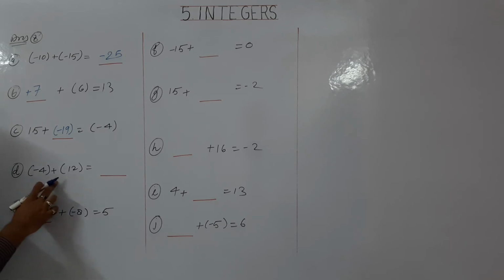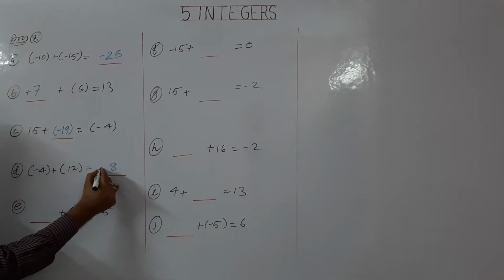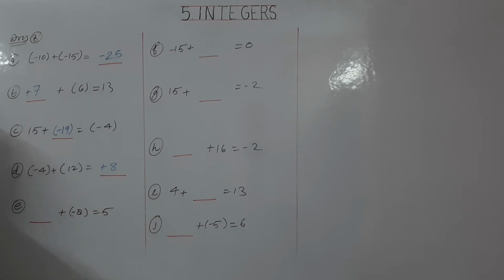Next, minus 4 plus 12. So 12 minus 4 is 8, plus 8. Then next, minus 8 plus missing number is 5. What will be the missing number? This missing number is numerically 5 greater than 8.